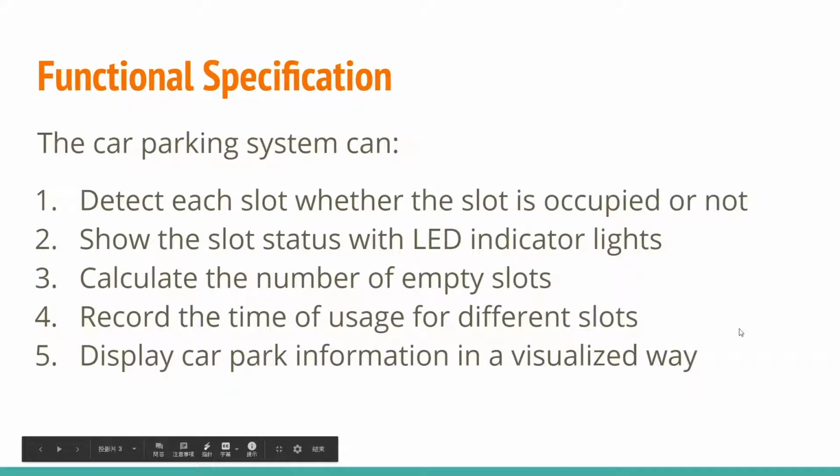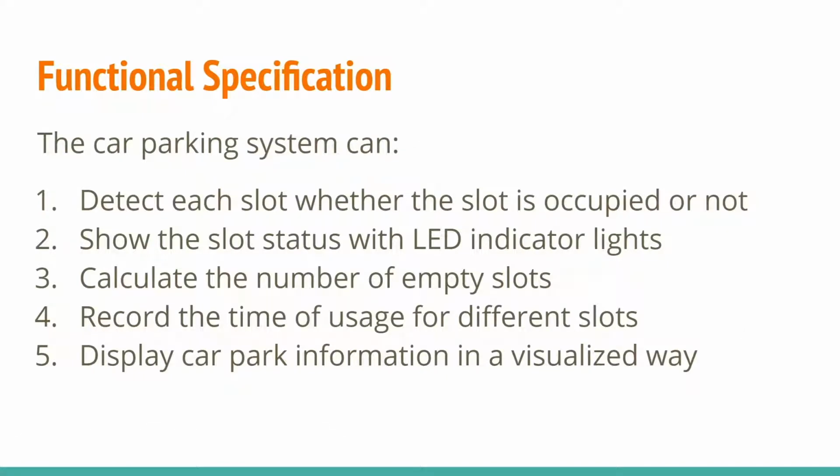So in general, our car parking system can do some functions like detecting for each slot whether the slot is occupied or not, and each slot will have a dedicated LED light on top of the slot, so it can show the status of that slot to the drivers.